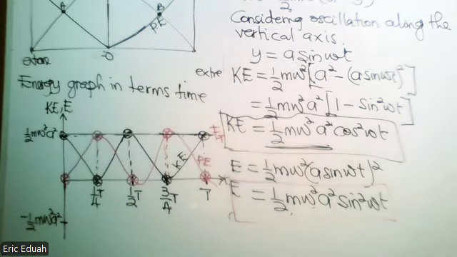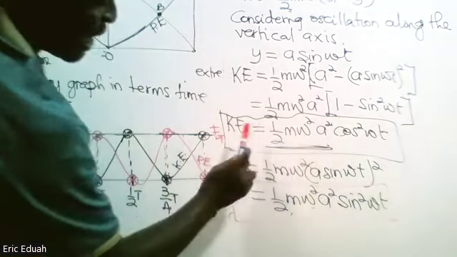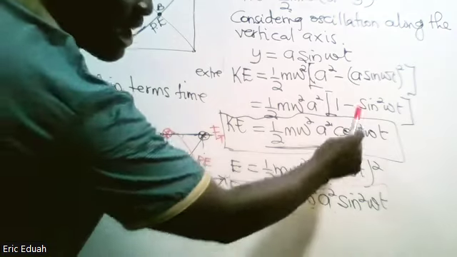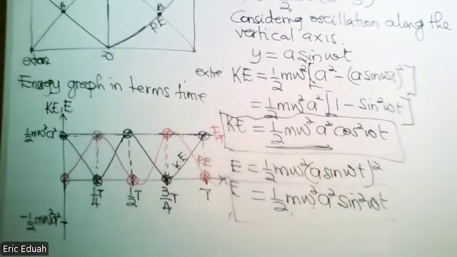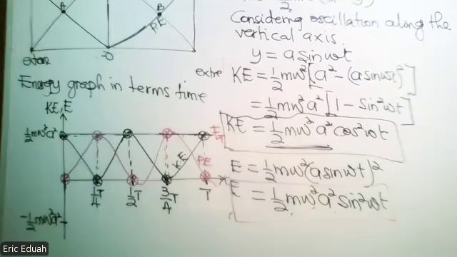Now watch that here, the negative amplitude didn't come in because the negative did not show. This is because both kinetic energy and potential energy are squares. So even when you get a negative value, it will be squared.